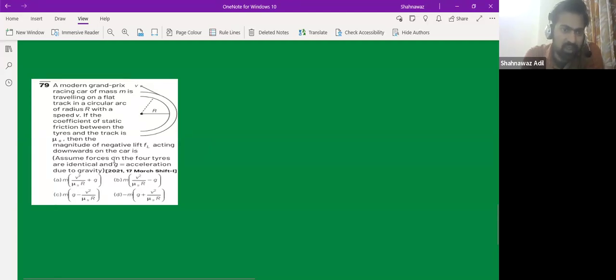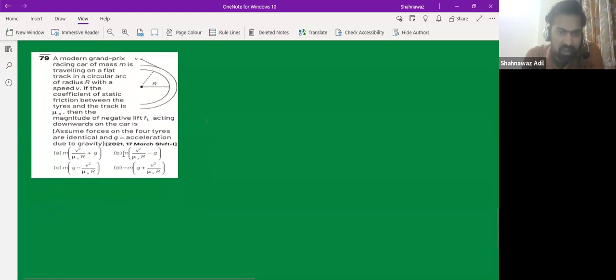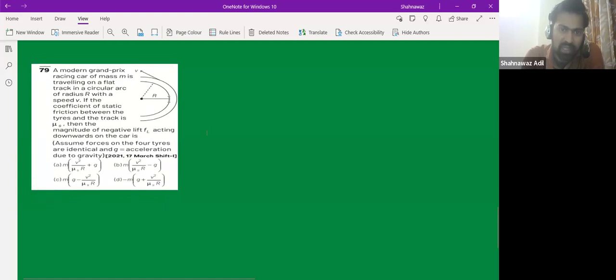Assume forces on the four tires are identical due to gravity. So the car is feeling that it is pushed downwards. That thing, FL, we have to calculate.